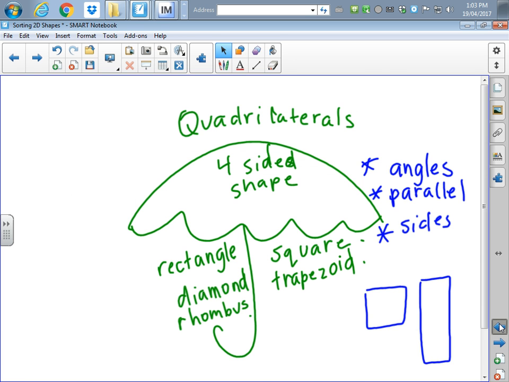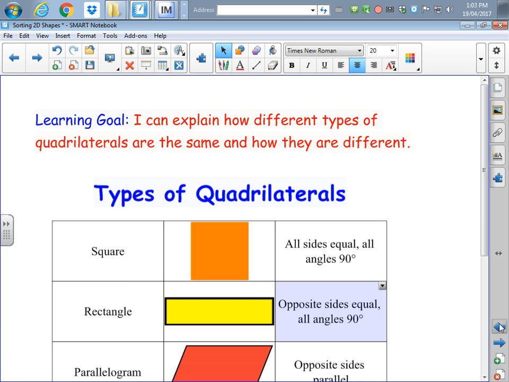So here we go. Now, I have a chart. And in this chart, I'm defining and looking at the different parts of the quadrilateral that make it what it is. So a square.